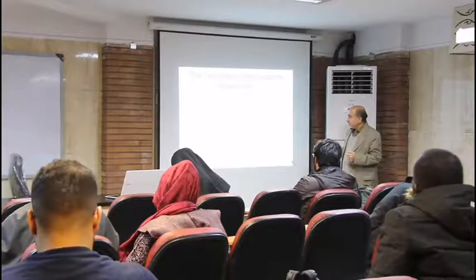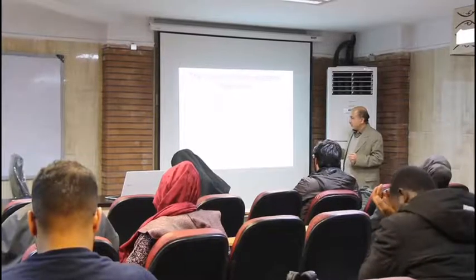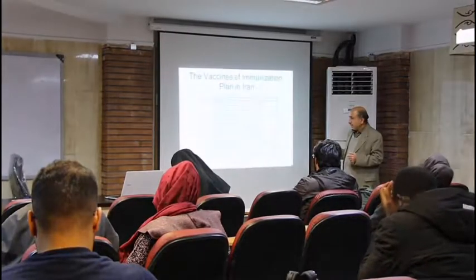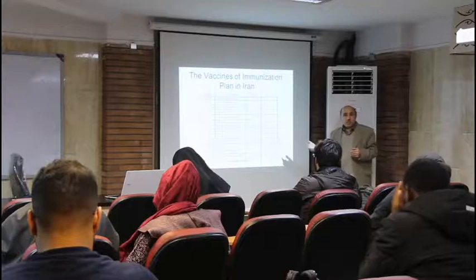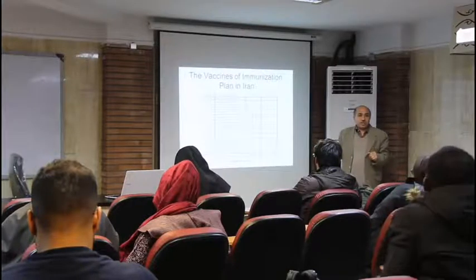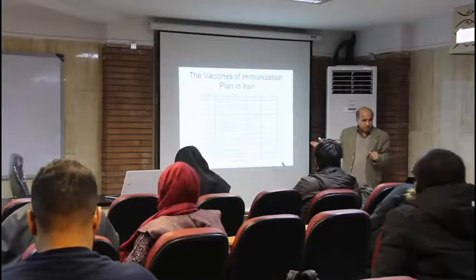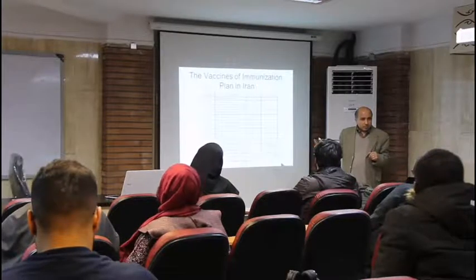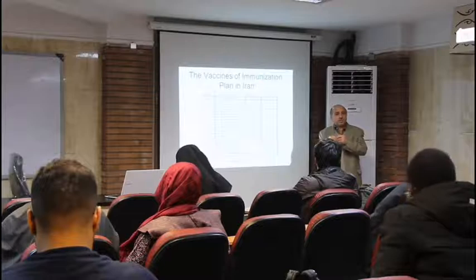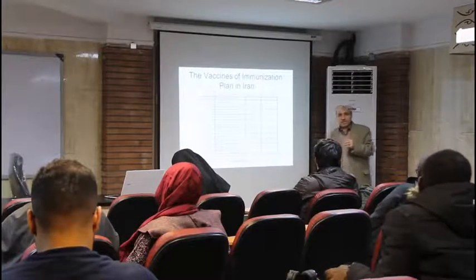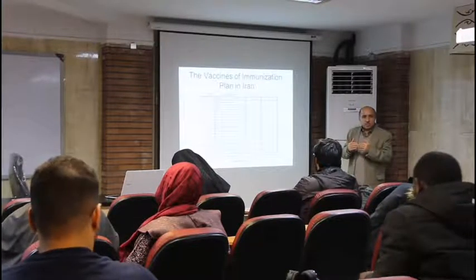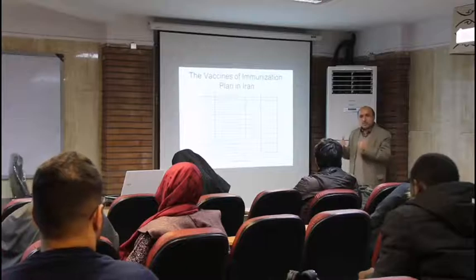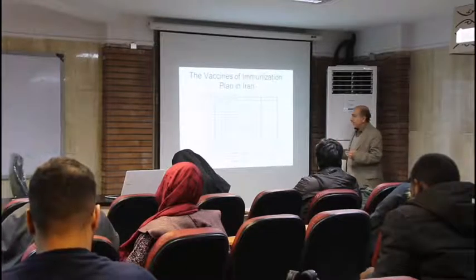DTP, diphtheria, tetanus, whooping cough (pertussis), and pentavalent, which my friend didn't mention. Did you tell anything about pentavalent? No, because pentavalent is a new combination of vaccines that we introduced in Iran a couple of years ago for vaccination.